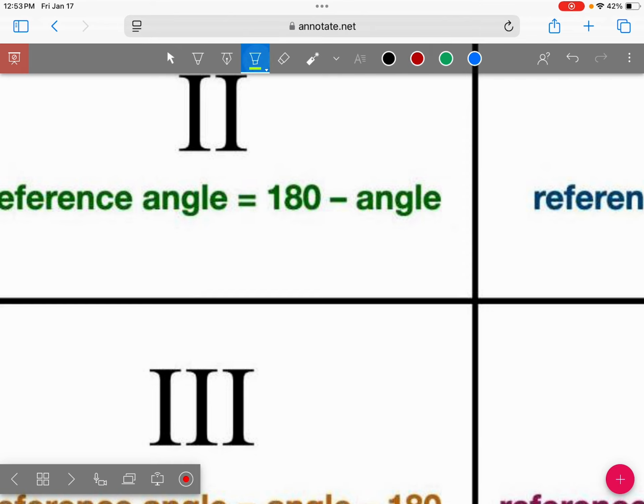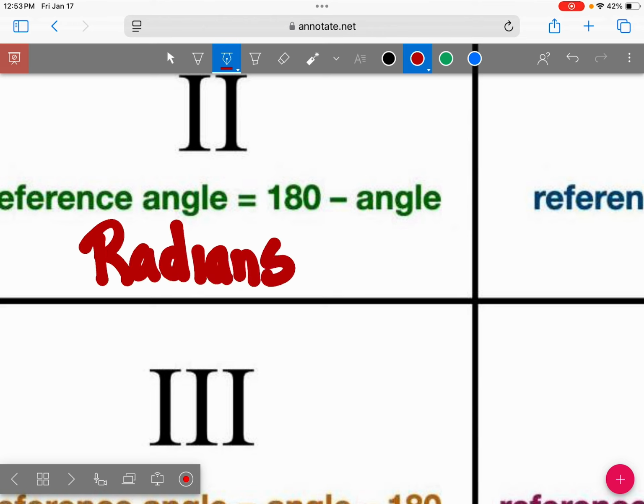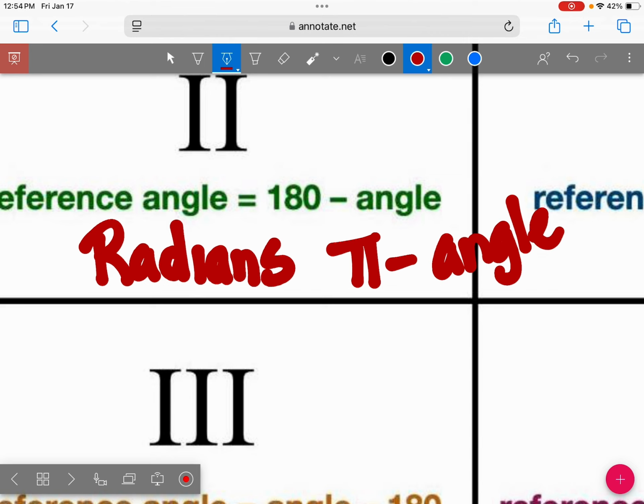Now, if that angle is in radians, that's pi minus the angle, because remember, 180 in terms of radians is pi.